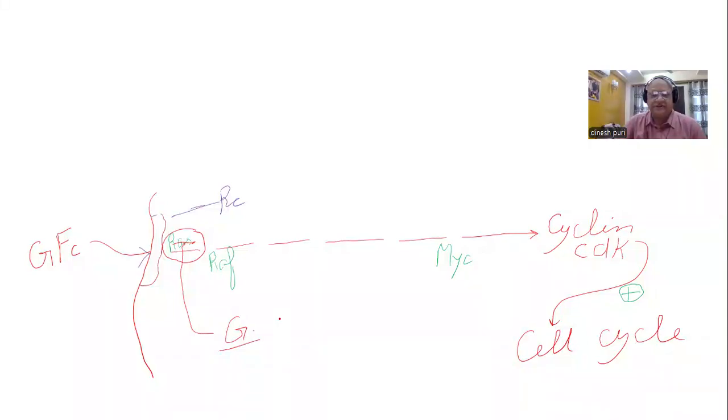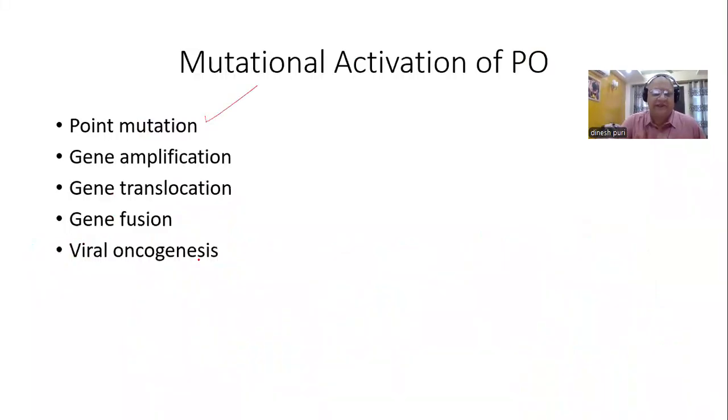But RAS is a single subunit. Only one subunit, a monomeric protein. And exactly like that G protein, it is normally present mostly in the GDP bound state, and after activation it goes into the GTP bound state. So in RAS also, mutational activation gives uncontrolled, unhindered RAS activity, and the GTP bound state is persistently present. And that causes persistent oncogenic activation, etc., we talked about. So in point mutation we have seen two examples, RAS and REF.